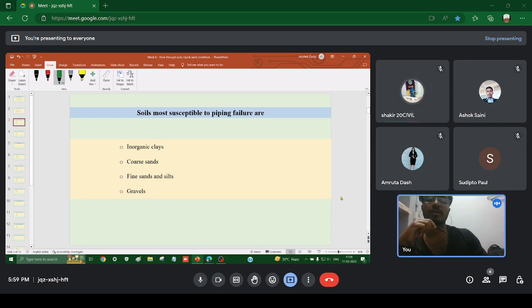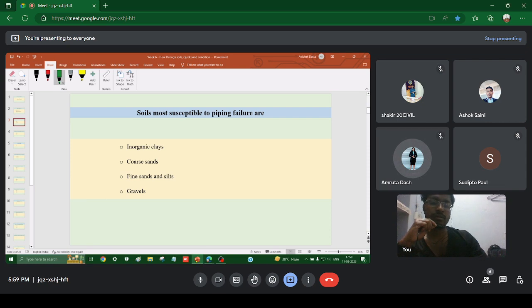For piping failure to occur, the soil must have seepage through it, right? There should be sufficient seepage. In clays, there is permeability, but seepage is rarely possible. Coarse sand, the path will not form.